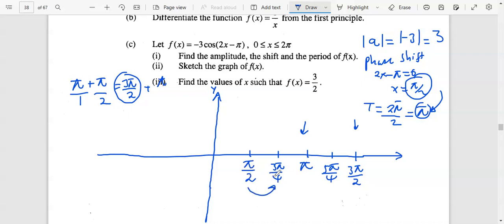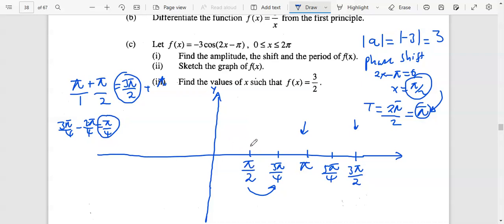For it to come from pi over 2 to 3 pi over 4, what value are you adding? Just subtract 3 pi over 4 minus pi over 2, which I can also write as 2 pi over 4. So it's pi over 4.